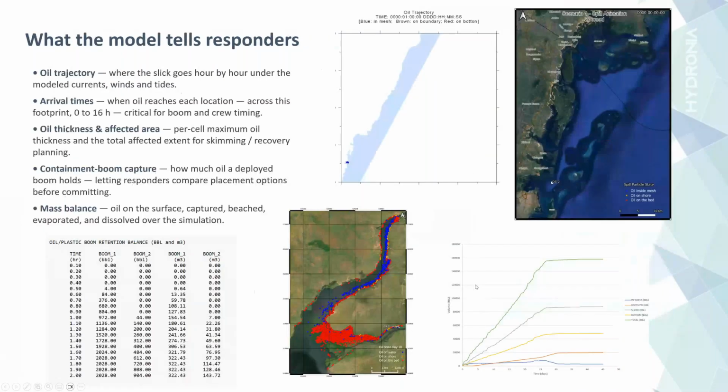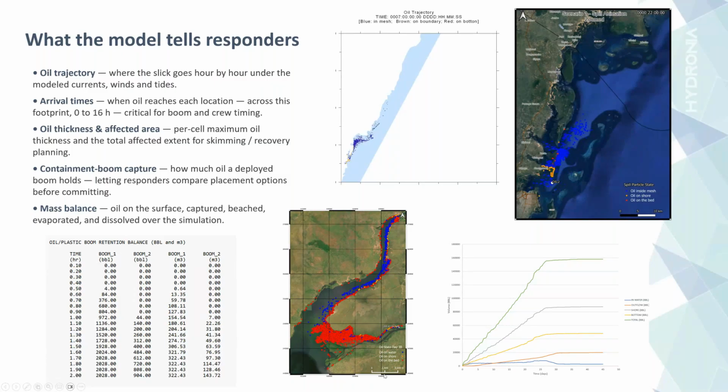At the end, you get trajectory plots. These are simple trajectory animations that the model can create, as you can see here.